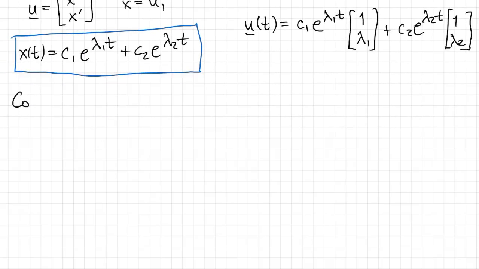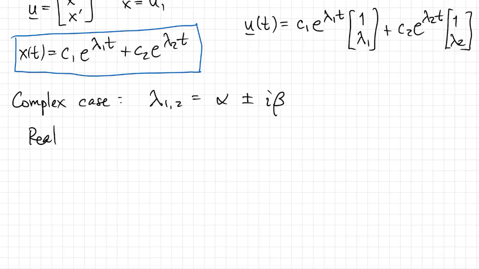When the roots are complex, we need to get a little bit more into the weeds. So let's say the eigenvalues are alpha plus and minus i beta. Well, if we have a real solution, then it works out that the C2 in that formula above is the conjugate of C1.